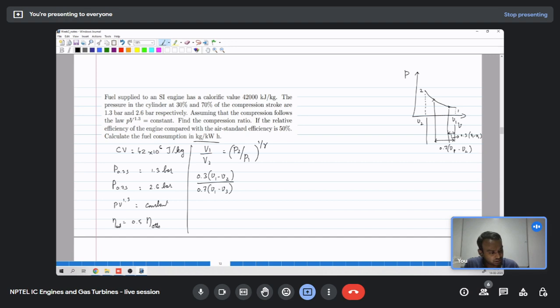The volume at 30% stroke is not simply V1 here. So I will write the volume at 0.3 stroke divided by the volume at 0.7 stroke equal to (P2 by P1) power 1 by gamma, which is 2.6 by 1.3. We have to consider PV^1.3 equal to constant, so we have (2.6 by 1.3) power 1 by 1.3.